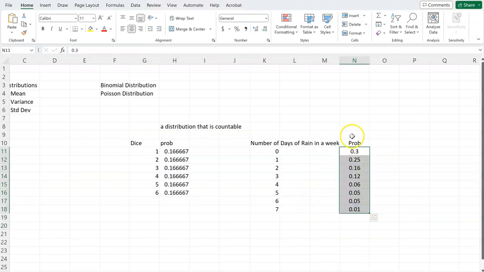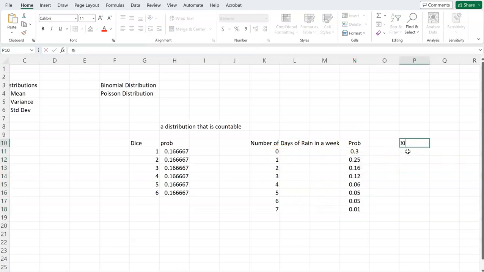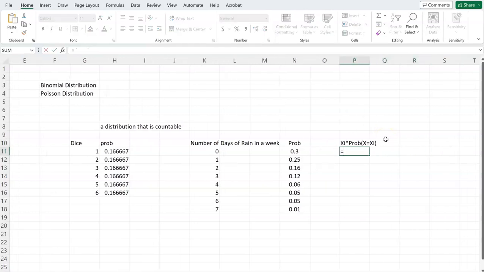So what we would do is something very similar. Each of these numbers is xi, so we would find xi times the probability that x equals xi. So I would just multiply the numbers and the probabilities, and then I would do that for all of them.